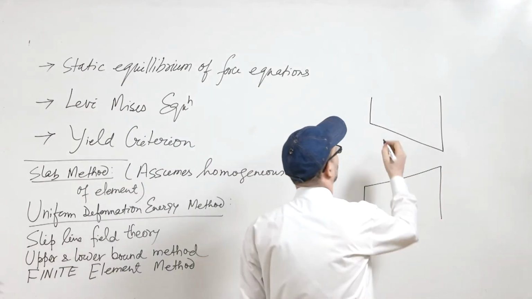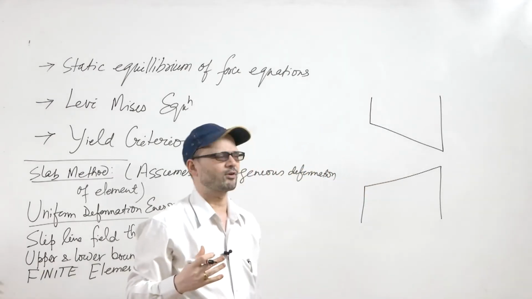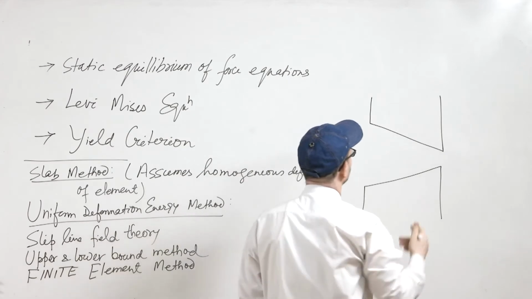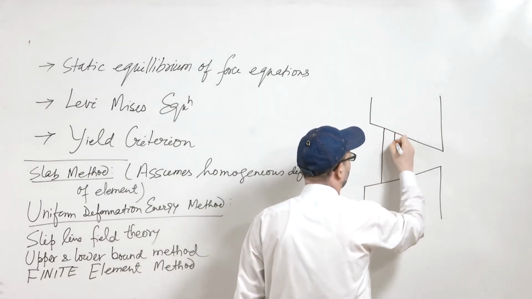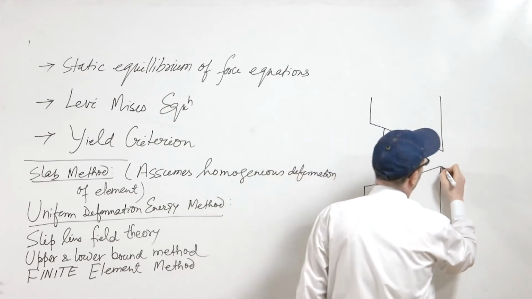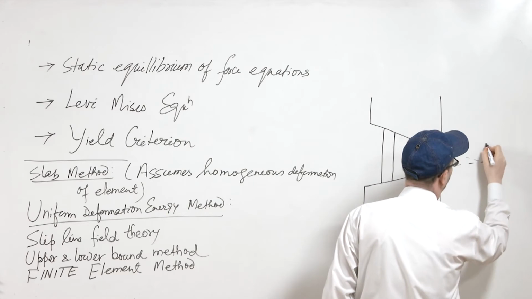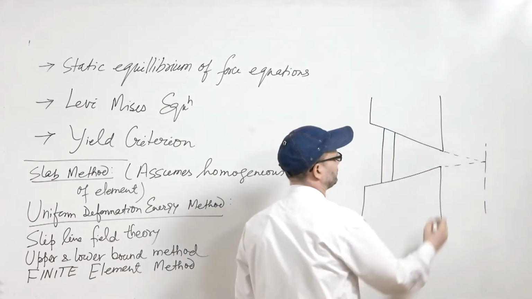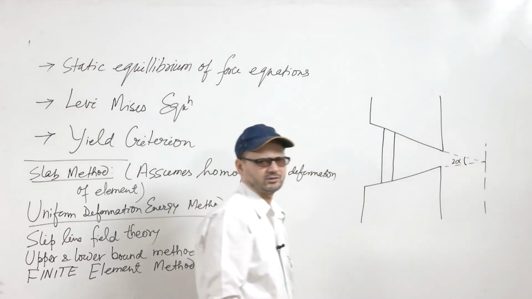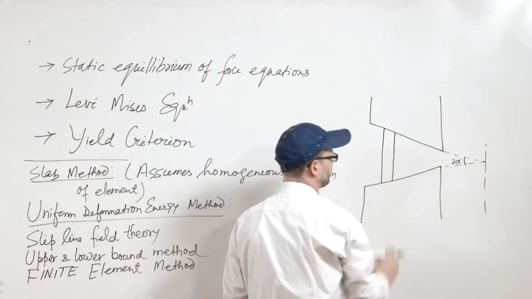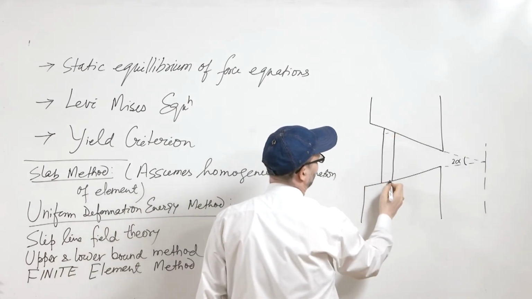The analysis goes this way: suppose this is a case of a strip drawing problem. Suppose you have an element here, meeting at this angle. The angle here is taken as 2 alpha, because it is alpha on each side. So in this case you will have this as alpha and this as alpha.